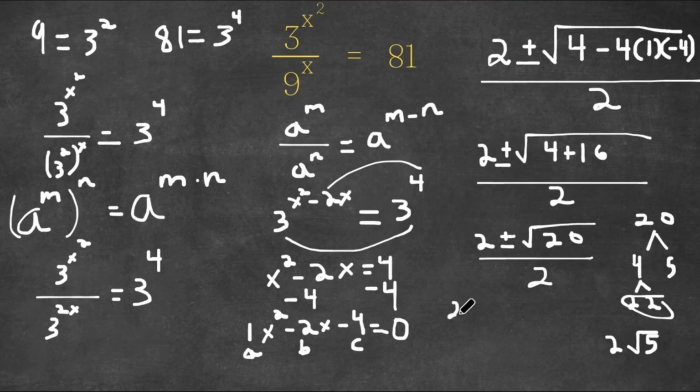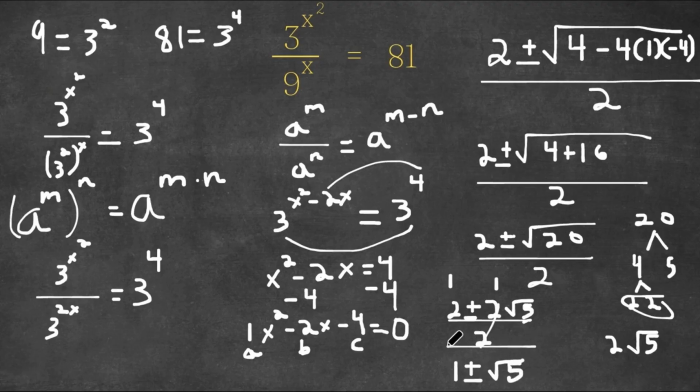So we have 2 plus or minus 2 root 5, over 2. And now, if I divide 2 by 2, I get 1. And 2 divided by 2 over here is also 1. So this would equal 1 plus or minus the square root of 5. And this would be our answer.